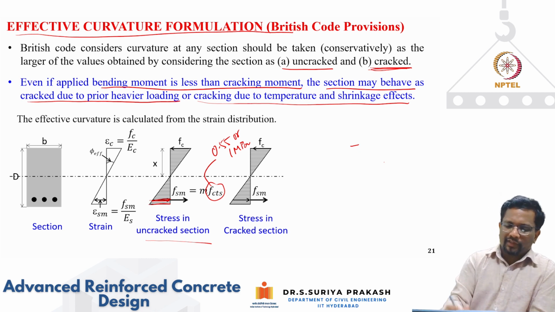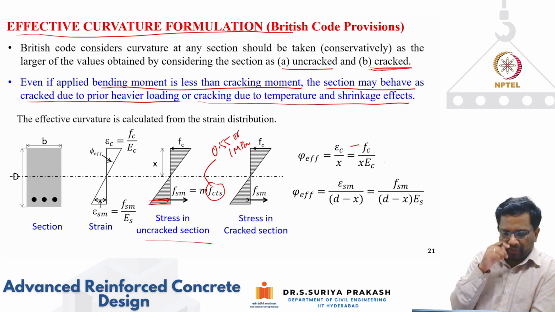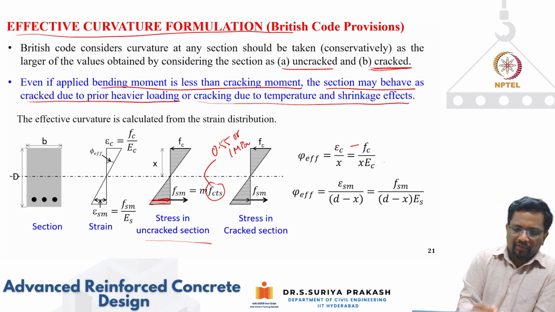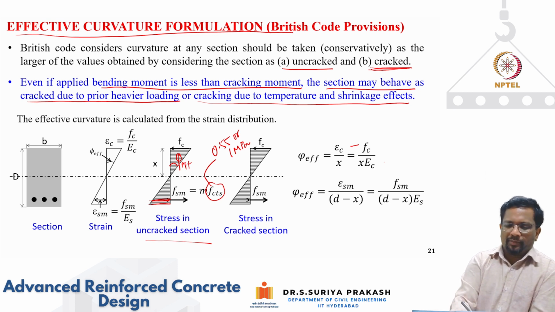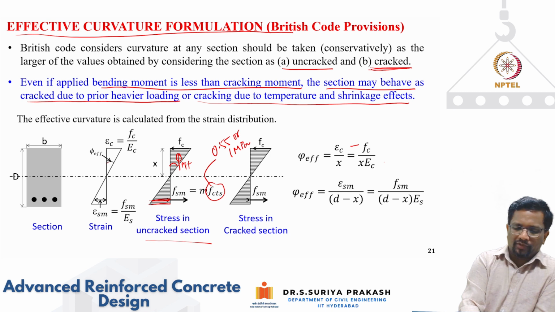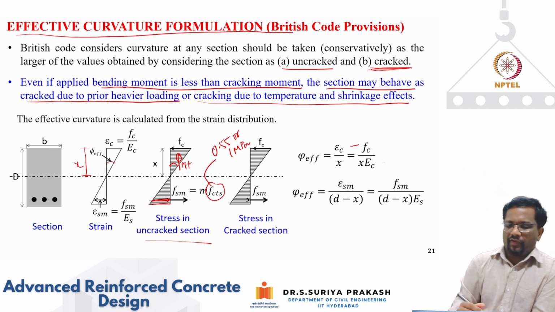In the cracked section analysis, how do we get phi effective? Let's say this is your x, and this is your phi. Phi effective is epsilon c by x. This is the distance, and this is the slope. So this is your phi effective.